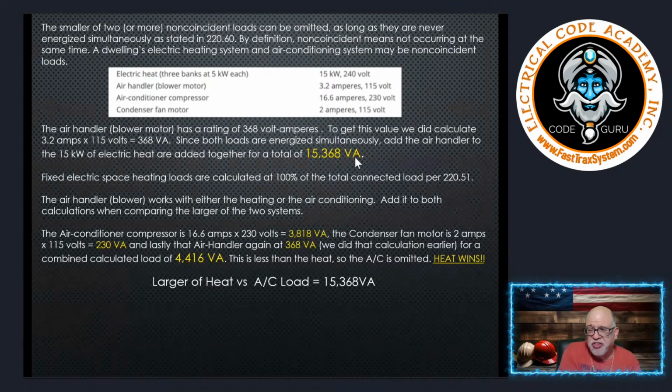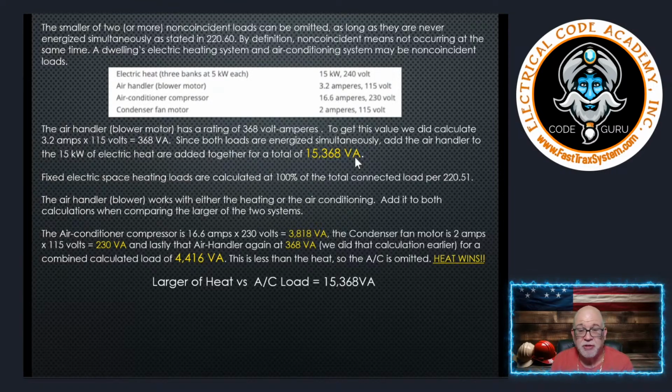Now, most savvy electricians that are doing these load calcs look at this and go, well, I don't even have to do the calculation for the air conditioning, right? Because it is not going to be anywhere close to that heat. But you may be somewhere in the country like Florida, where you might not have this massive 15 kW emergency heat or something like that.